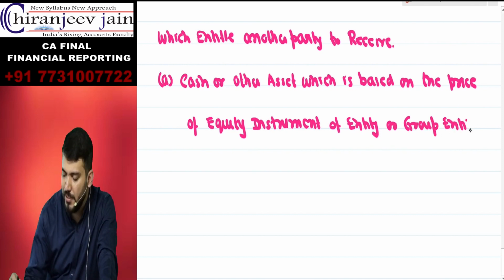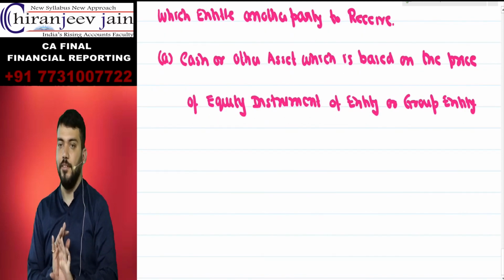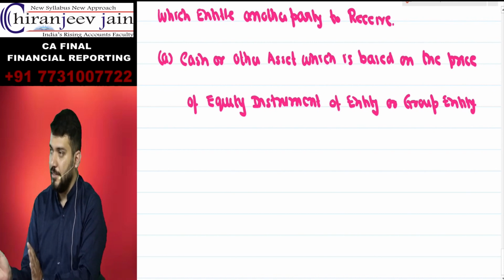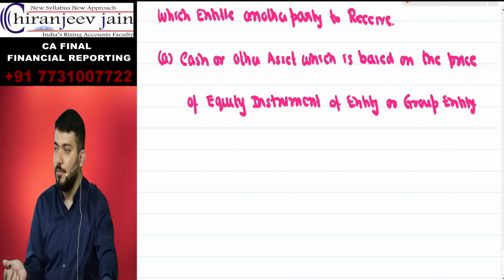Whenever I am writing group entity, exclude it once. Don't think about group entity right now. So it entitles another party to receive cash which is based on the price of equity instrument.